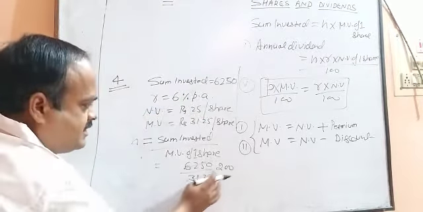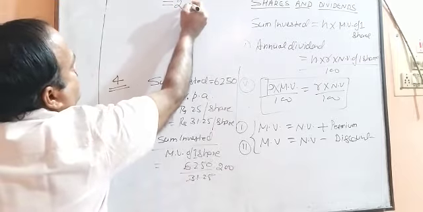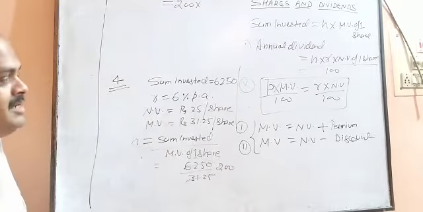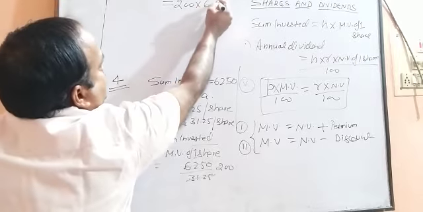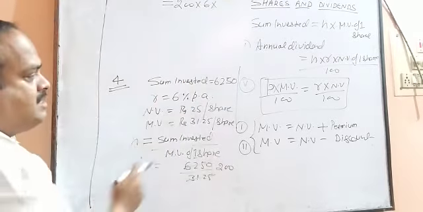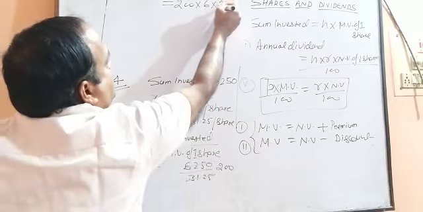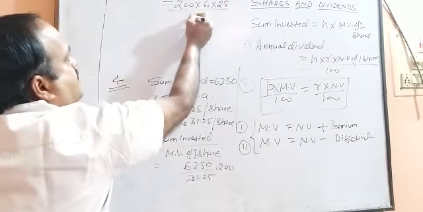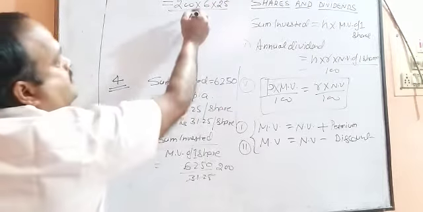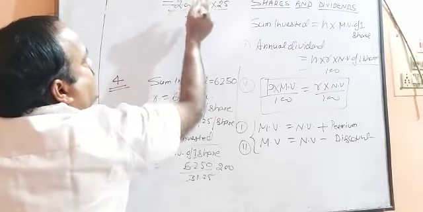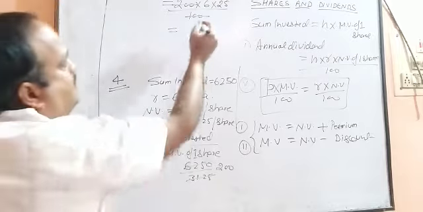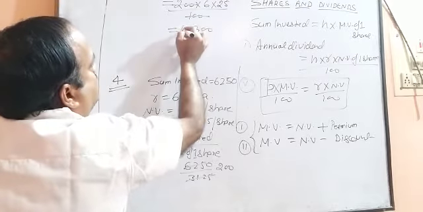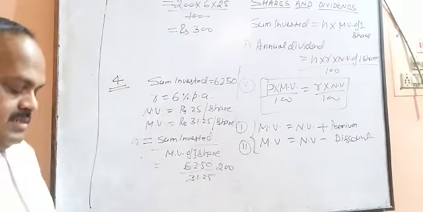Number of shares 200, the rate of dividend the company is paying 6%, into nominal value of 1 share, 25 rupees, upon 100. You can cancel. 6 twos are 12, 25 multiplied by 12 is 300 rupees.